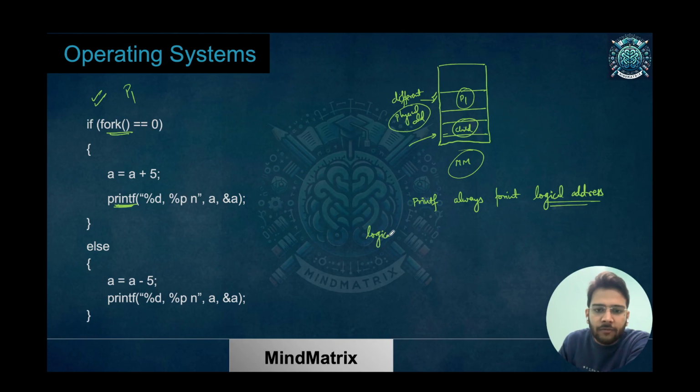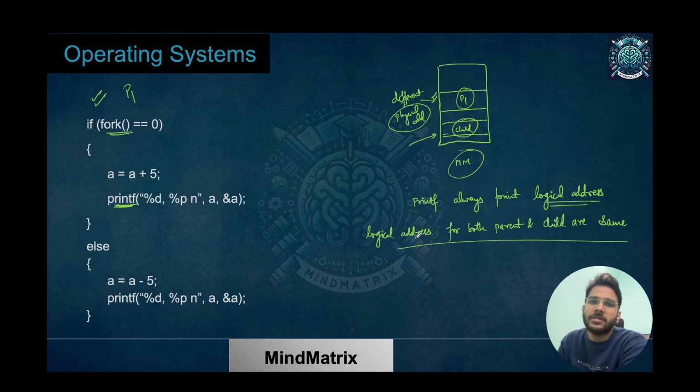Let me write here for your notes: logical address for both parent and child are same. Logical address will be same, okay, but the physical address will be different. That means when we talk about physical address, that means where we have that parent and child process in the main memory. Okay, clear?